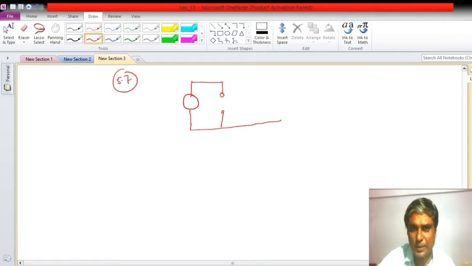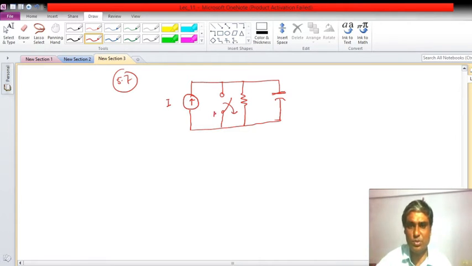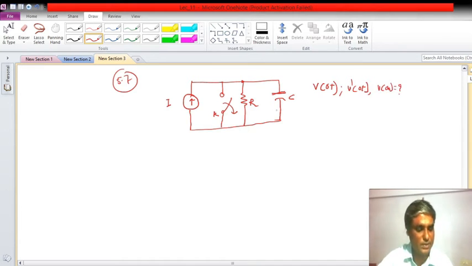One resistor is connected here, and there is also a capacitor. This is I, the switch K is thrown at t equal to 0, this is R, C, and say the switch is open. So find out the initial conditions, that is, what will be V of 0 positive and V dash of 0 positive. Also, what will be V of infinity, let us calculate that also.